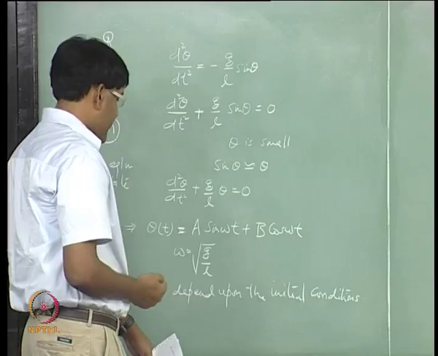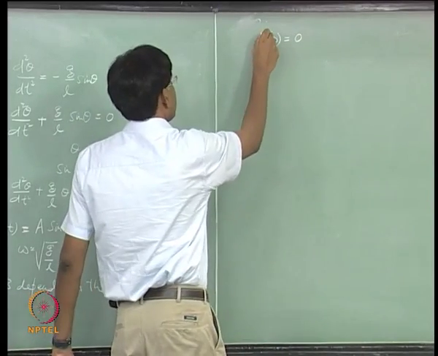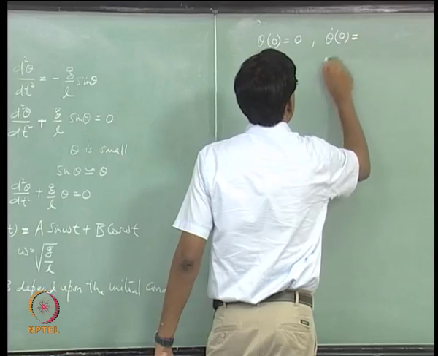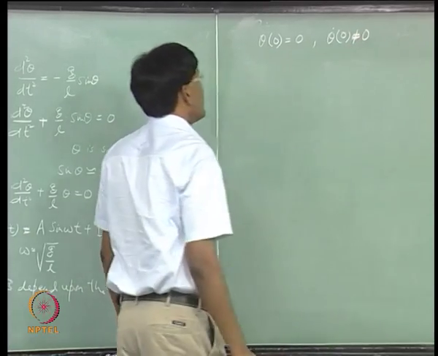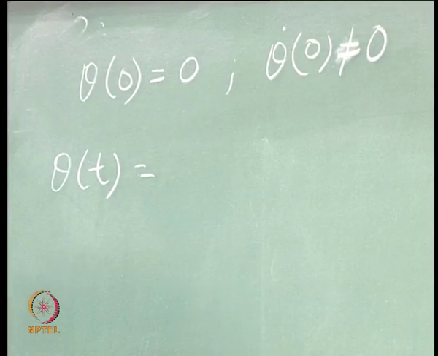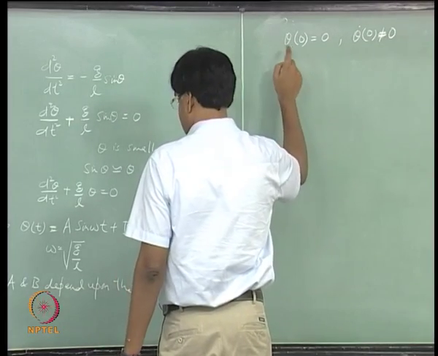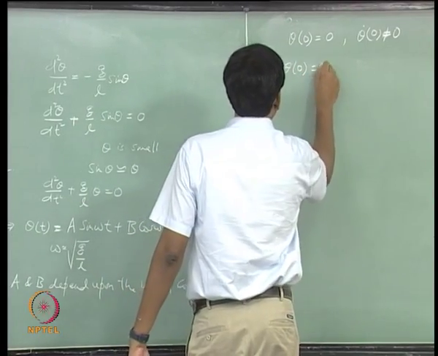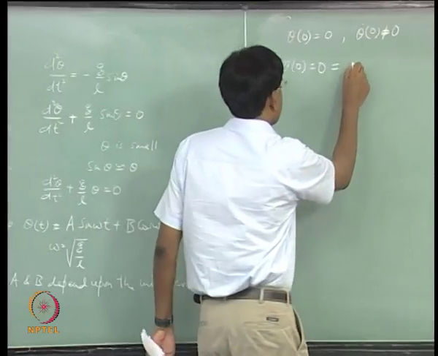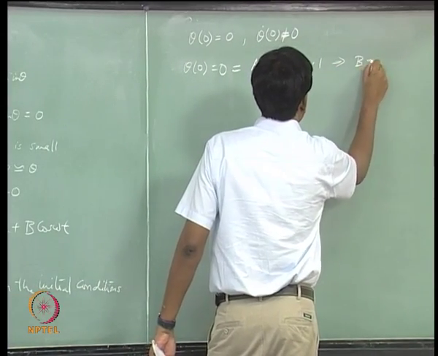So, if we have an initial condition where theta at time t equal to 0 is 0 and the velocity is non-zero, then we can write theta of t. When theta at time t equal to 0 is 0, what we get from this solution is A into 0 plus B into 1, and that gives us B equal to 0.